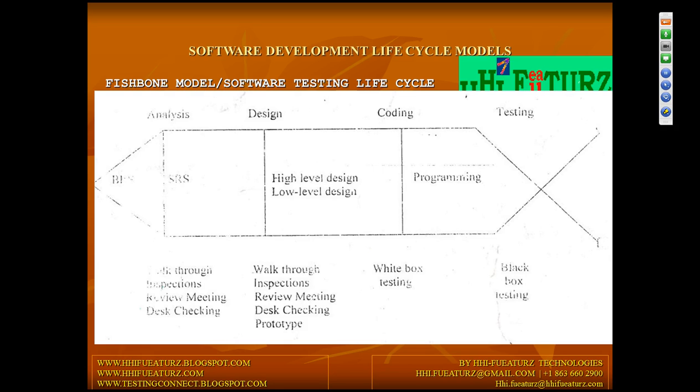Those people will come up with two types of documents, BRS and SRS. BRS is business requirement specification. SRS is software requirement specification. Then once they come up with those, they will test this BRS and SRS.